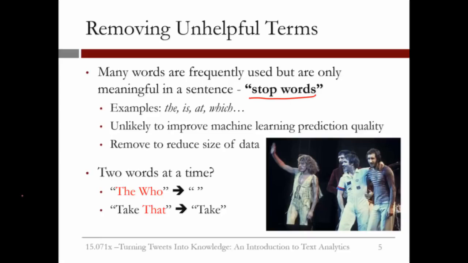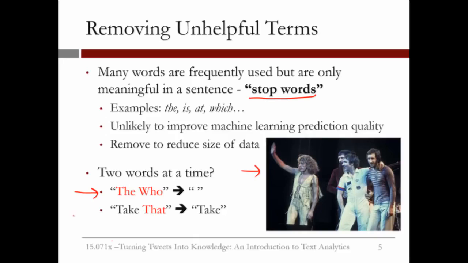There are some potential problems with this approach. Sometimes, two stop words taken together have a very important meaning. For example, the Who, which is a combination of two stop words, is actually the name of the band we see on the right here. By removing the stop words, we remove both of these words, but the Who might actually have a significant meaning for our prediction task.